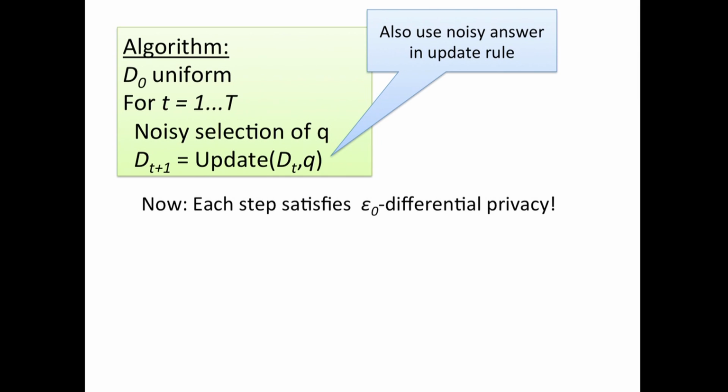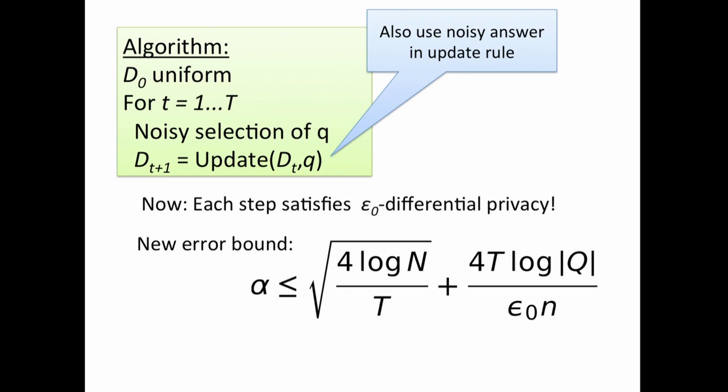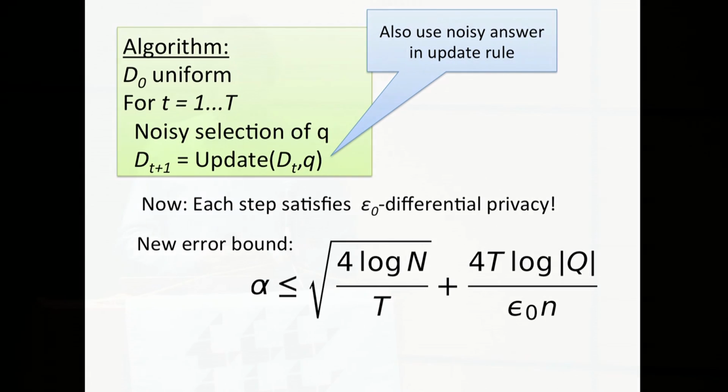Moreover, we have a new error bound which says that alpha is less than what it used to be plus something that we lost due to the randomization in the query selection step. This is just the term that came out of the lemma multiplied by t, because that's how many rounds we have. But what I want to say is that the error bound didn't get much worse. It only deteriorated slightly, and we made the algorithm epsilon 0 differentially private.